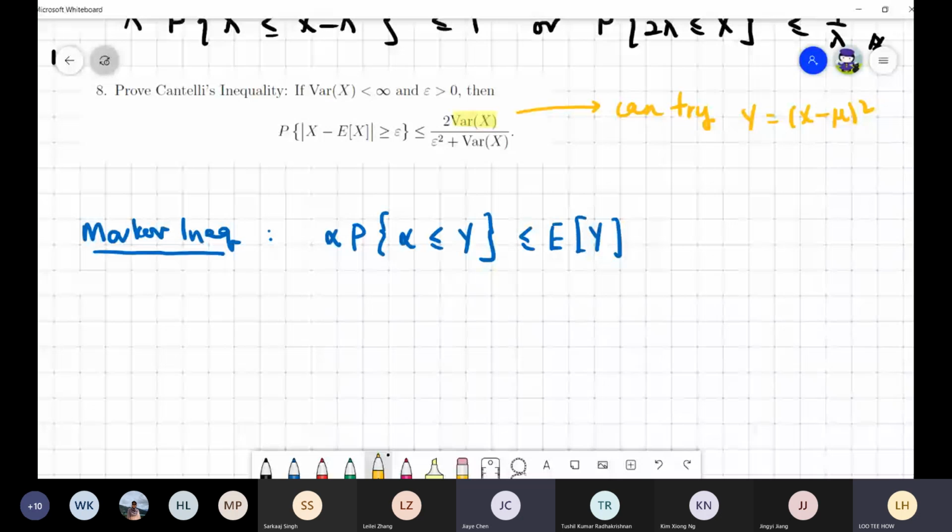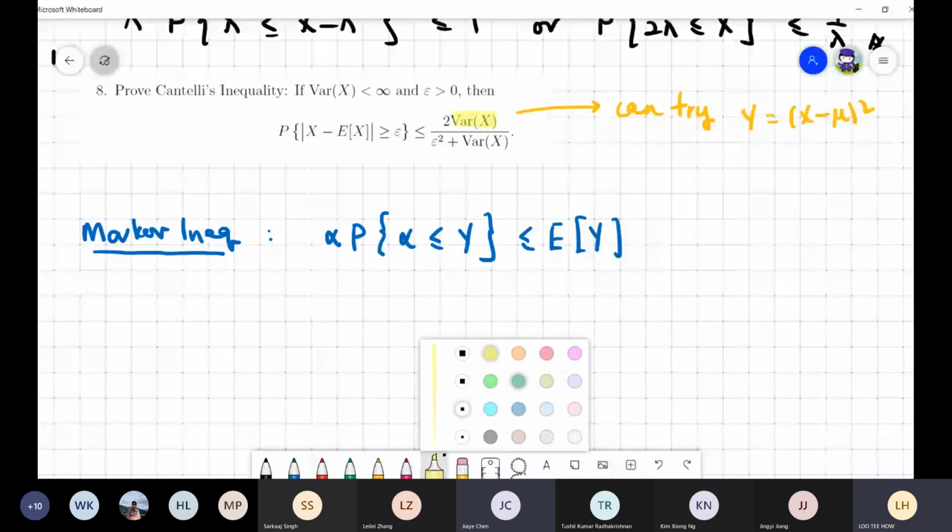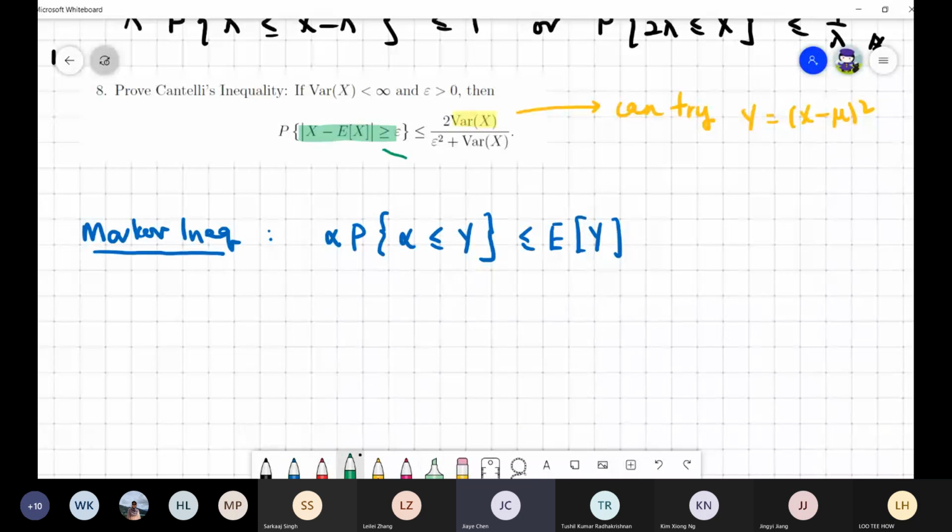Okay, and also if you look at here, so this is x minus mu greater than epsilon, right? So if you are taking y to be this, so you want to be consistent, then you can actually square both sides. So this thing will end up to be x minus mu square greater or equals to epsilon.